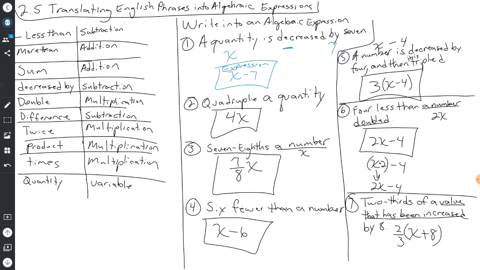The reason why we put this in parentheses is because it's talking about the value, which is going to be x, since we don't know what it is. That x has been increased by 8.